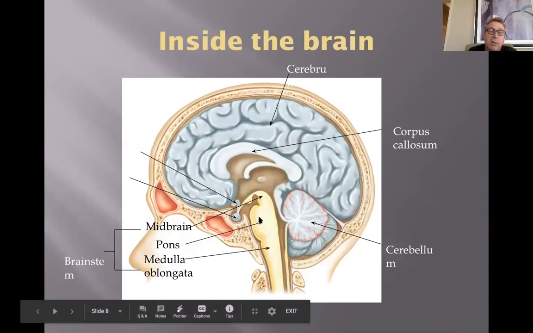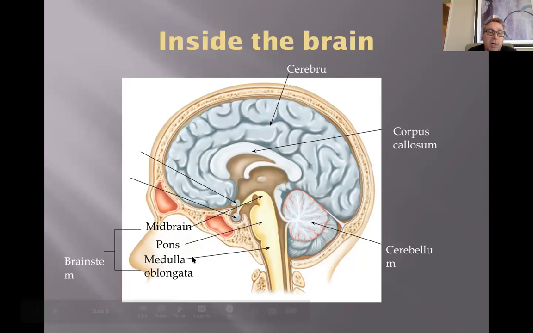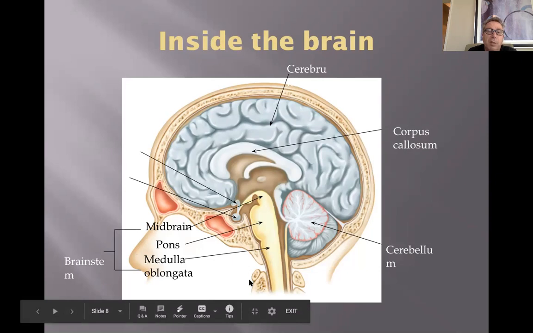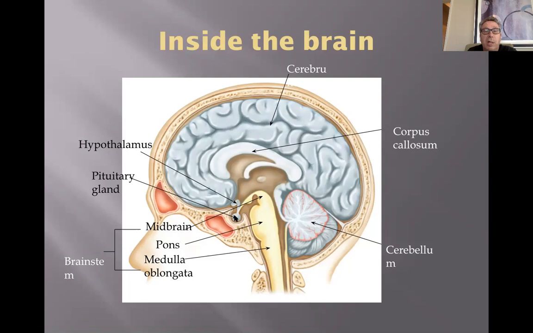Okay, so this is considered the brain stem, and the brain stem contains the midbrain, the pons, and the medulla oblongata. All right, the hypothalamus would be this area within here, and then we have the pituitary gland, which is right underneath it. Okay, so hypothalamus, and we'll talk about the pineal gland later.